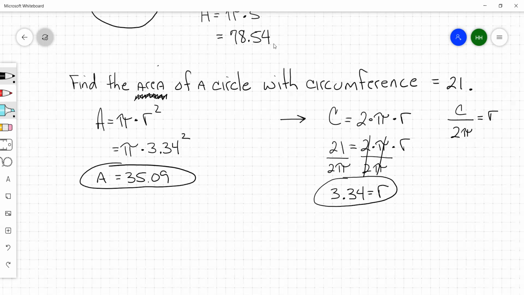Did you retype this back in or did you use what was sitting on your screen? I retyped it. You retyped it. Try it this way. Here are the steps I did. I did 21, divided by, left parenthesis, 2 times pi button, right parenthesis, and I hit equals. And does your screen say 3.34? Yeah. Okay, now push the x squared button.